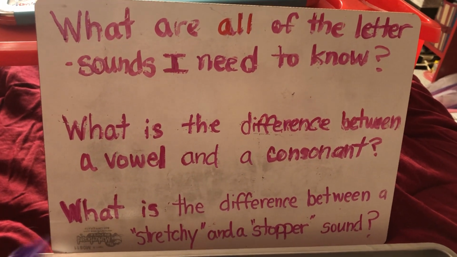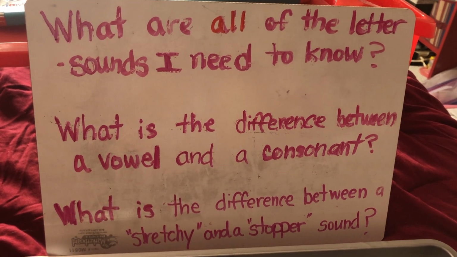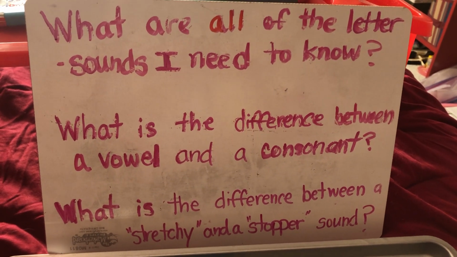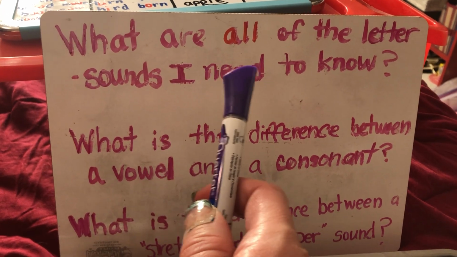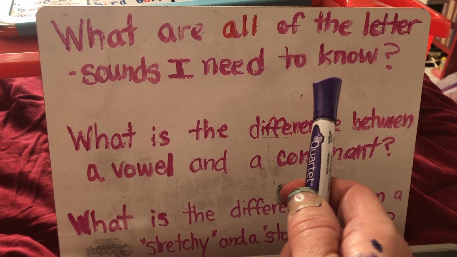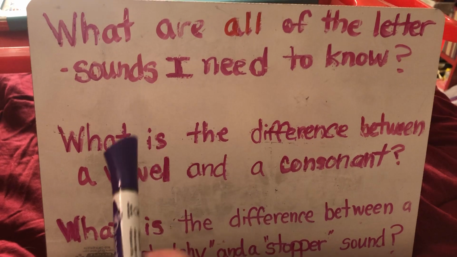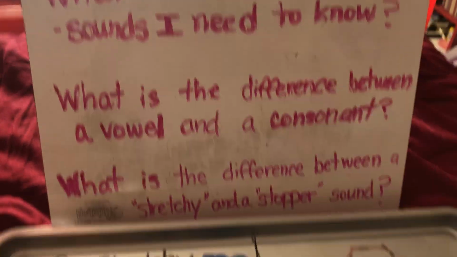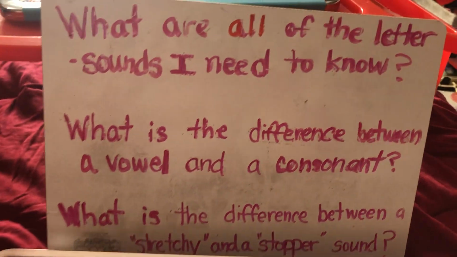You should be able to answer these 3 questions if I did a great job teaching the 6-part review lesson. Tell somebody at home, what are all of the letter sounds I need to know? You have to make them the correct way if you're going to demonstrate the sounds that all of our letters represent.